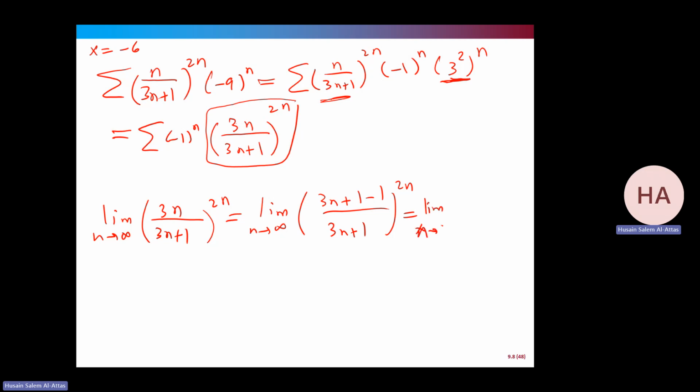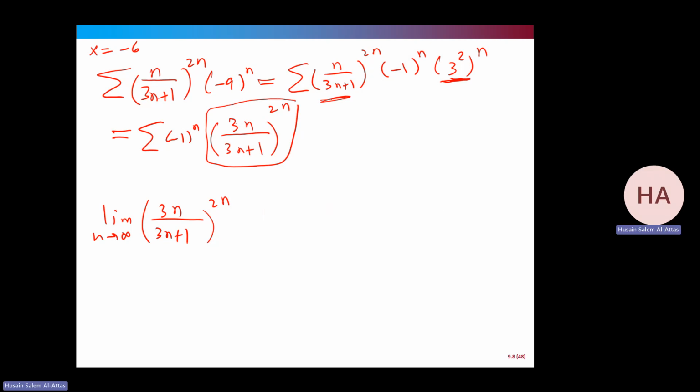The limit as n goes to infinity is what? (1 − 1/(3n+1))^(2n). So it's e to the power something. So for sure it's not 0. Let me do it by L'Hopital's. I think it's better. I was thinking this is easier.